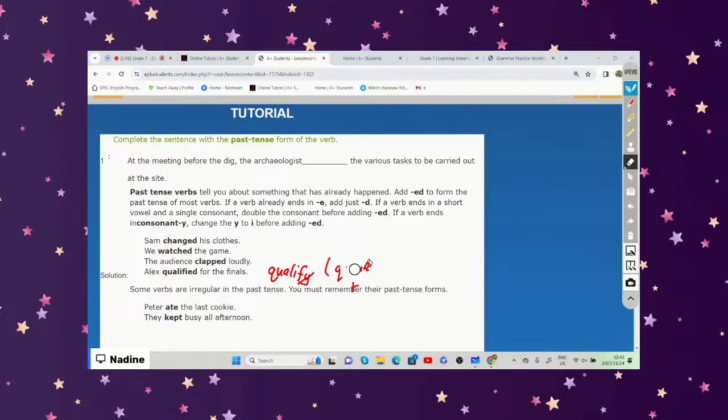So qualify, just give me 1 second. So qualify is where we had the y, so they said we need to remove the y, which we did. We add an i before the ed. So it will then be quali, and we change the y to an i, and then we have ed. So that's qualified.